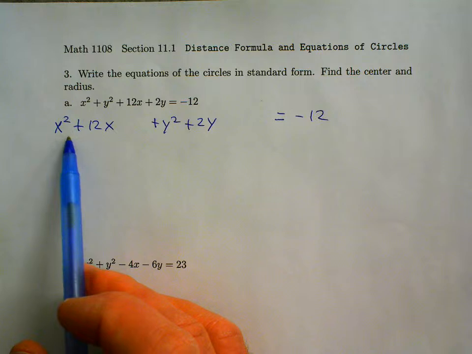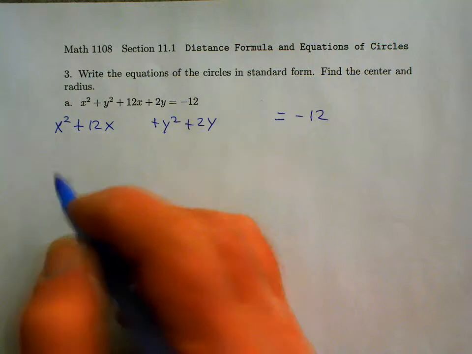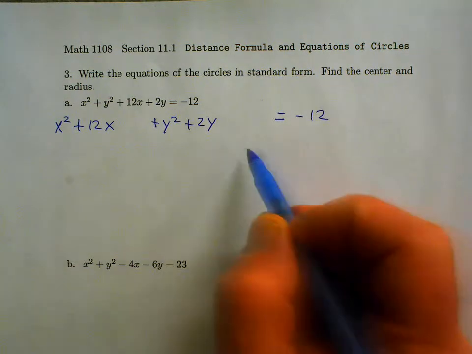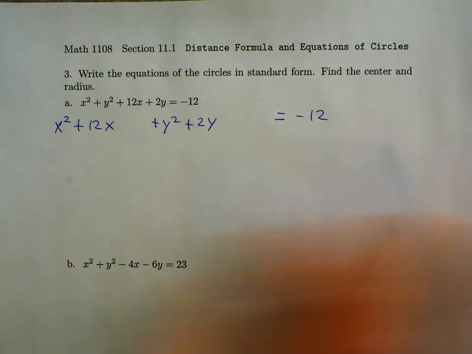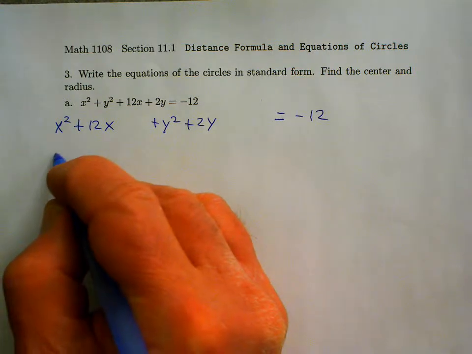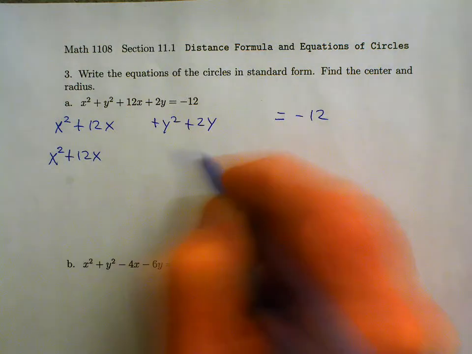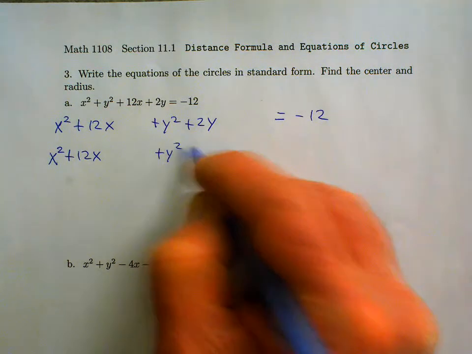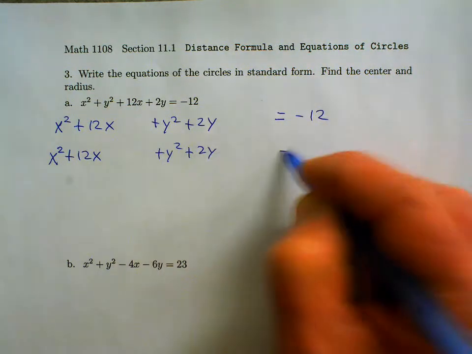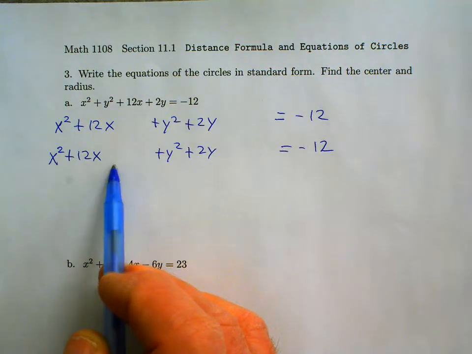So to get it into standard form, we have to complete the square twice. So we're going to add 2 numbers to both sides of the equation so that we get perfect square trinomials. So for x squared plus 12x, what number should we add to both sides so that we end up with a perfect square trinomial?